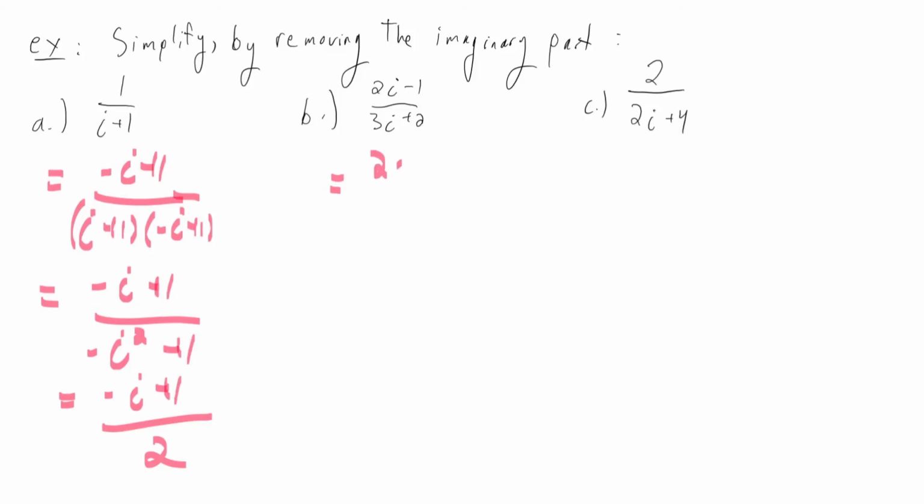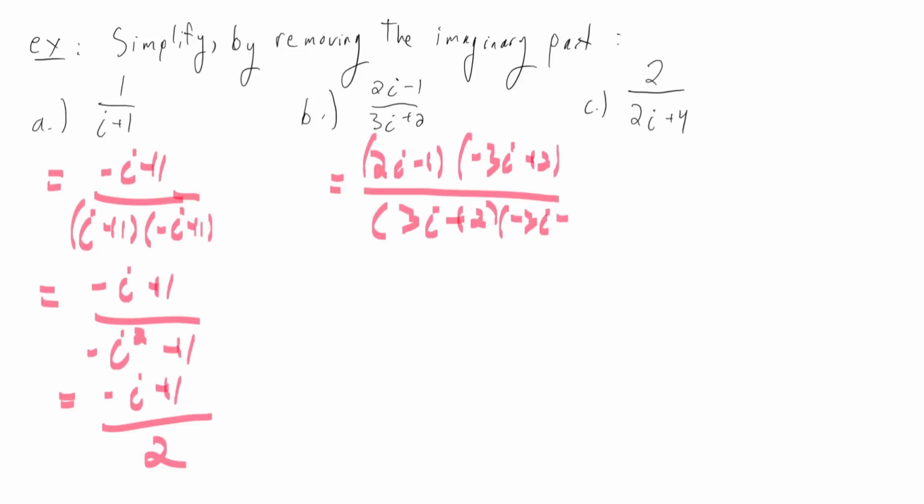Here we play the same game. I multiply by the complex conjugate, so minus 3i plus 2. On top, I have to pay attention and expand this out correctly. So this is minus 6i squared plus 6i plus 3i minus 2.